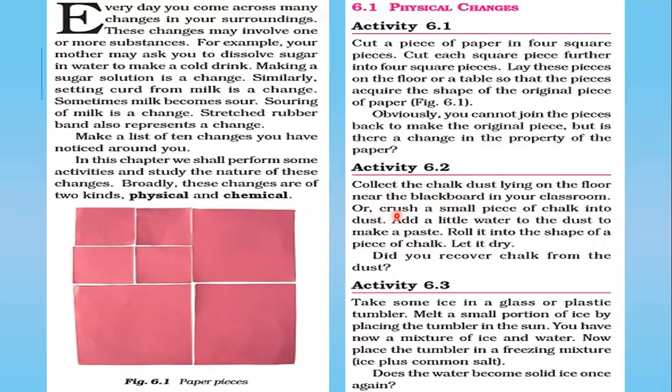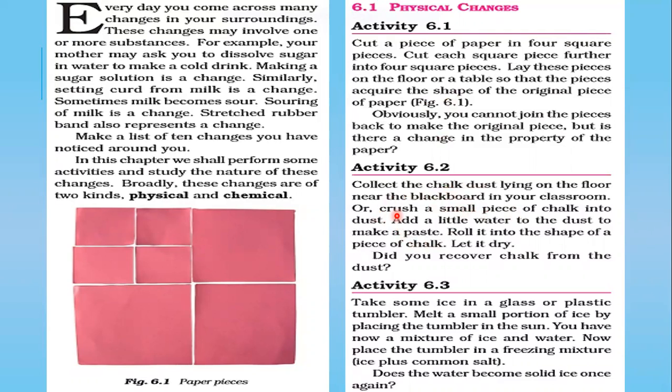After that, you mix this powder with a little amount of water and try to make the original chalk. You will not be able to do that. You can crush it into powder, but after making the powder, it's not possible to make the original chalk from that. Here also, the chalk undergoes change in size and shape.